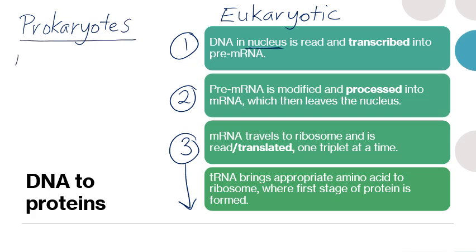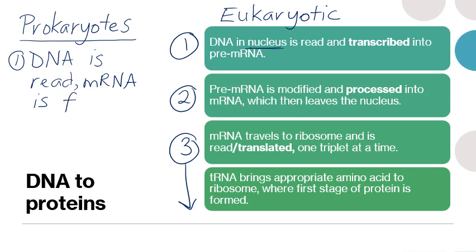So in prokaryotes, the DNA is read and mRNA is formed. So we have a modified step 1 with less steps in it. And then we go straight to step 3.